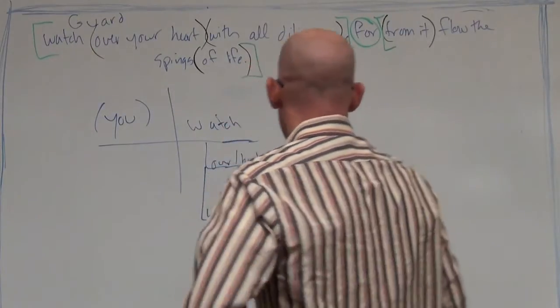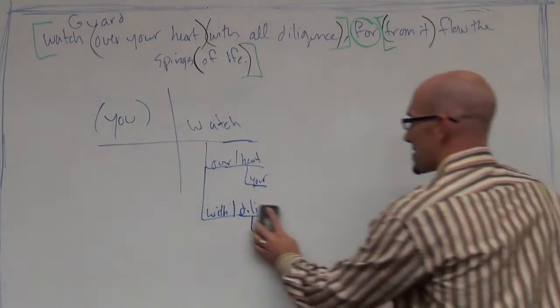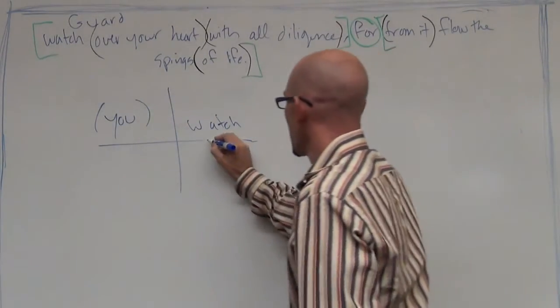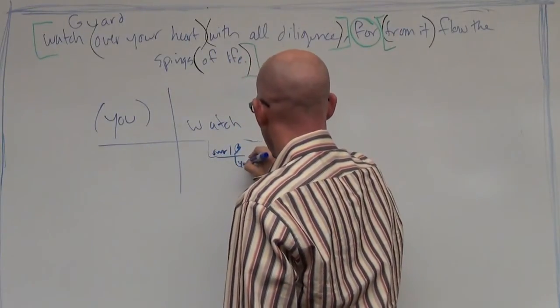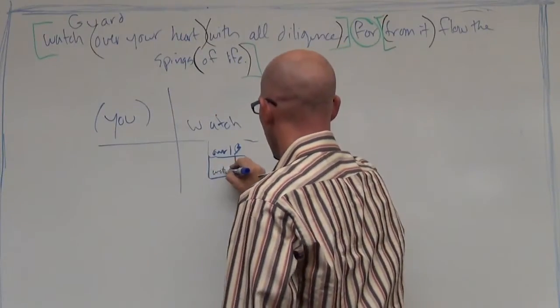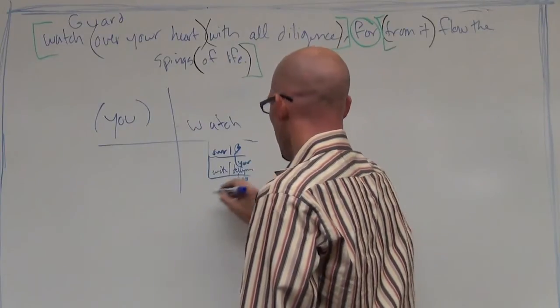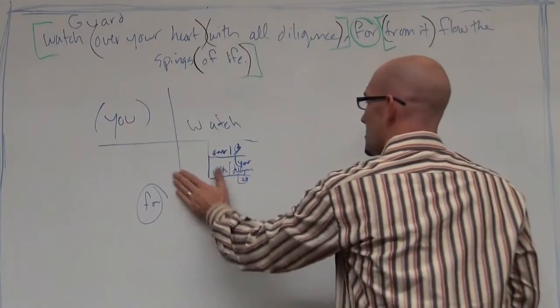I'm so sorry. I'm going to move all of this up just a little bit. Watch. Over. Heart. Your. With. Diligence. Okay, now we're going to put our subordinating conjunction underneath this clause.